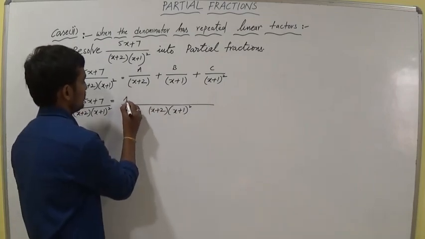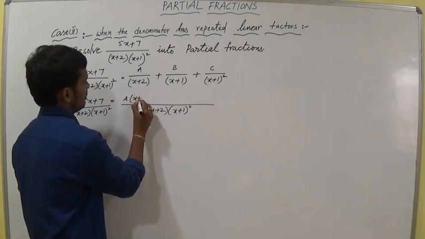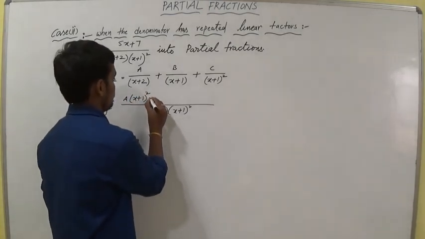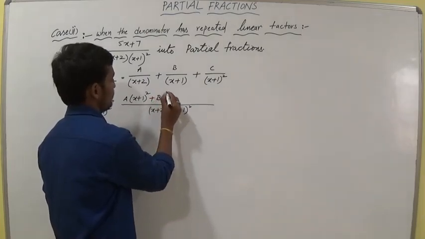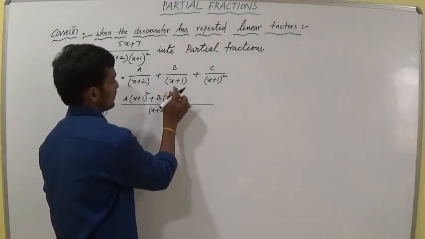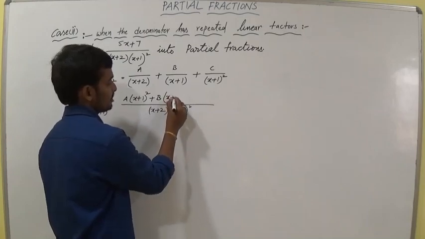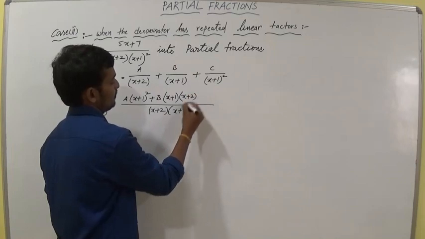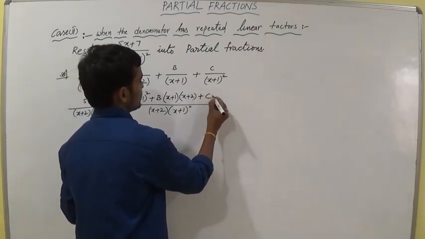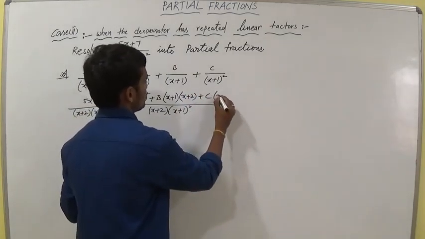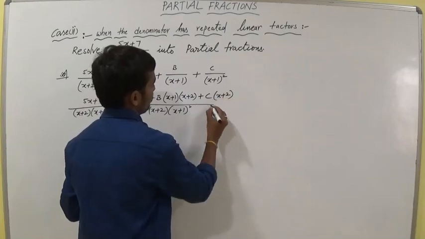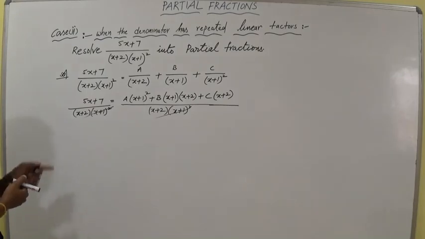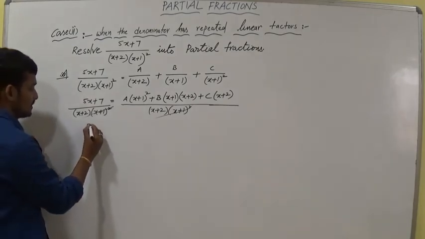So a into x plus 1 whole square, plus b into x plus 1 (cancelled by x plus 1 times) into x plus 2, plus c into x plus 2. The denominators are cancelled. So 5x plus 7 is equal.